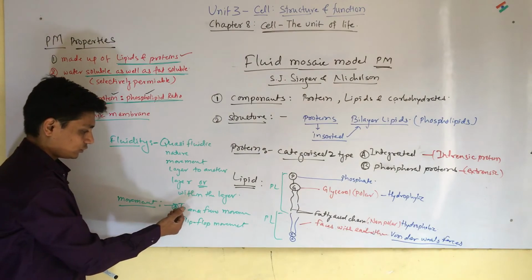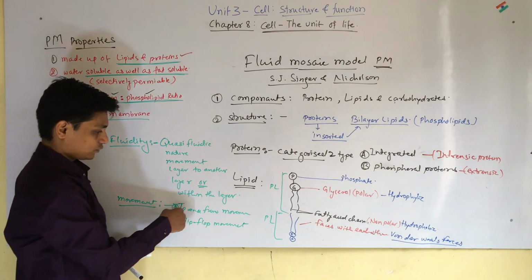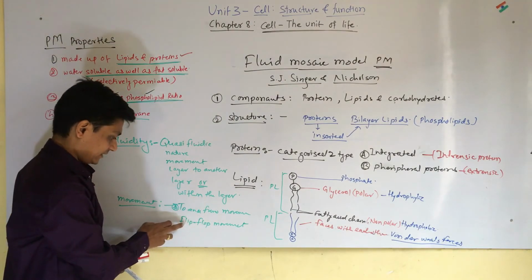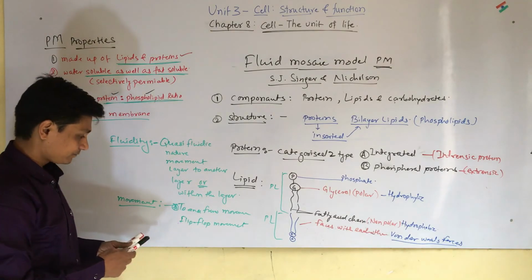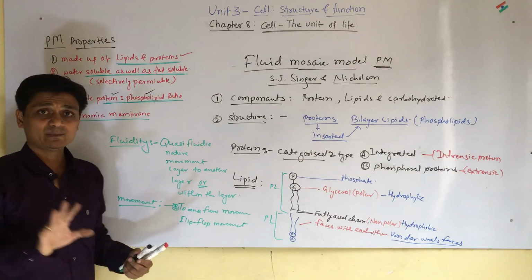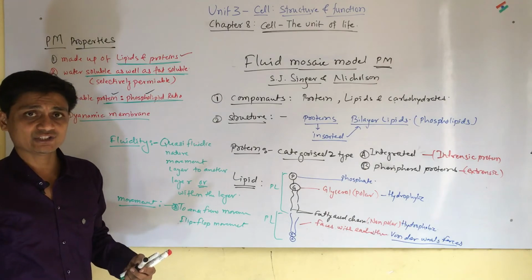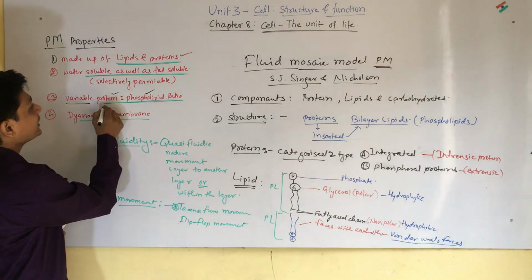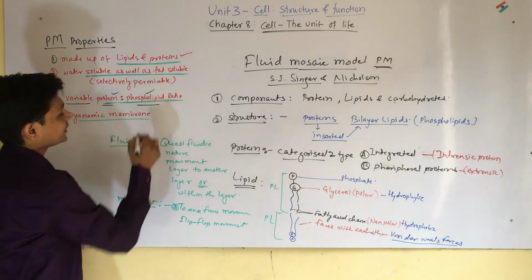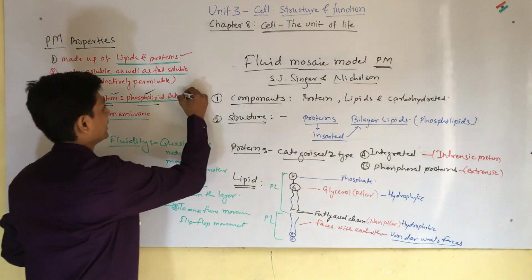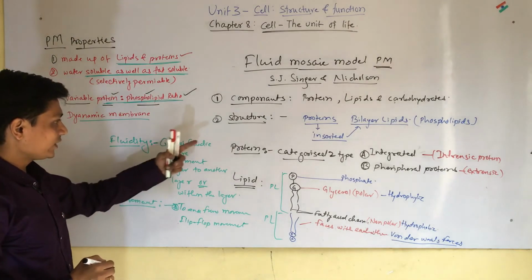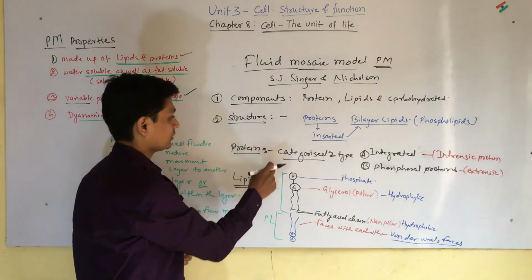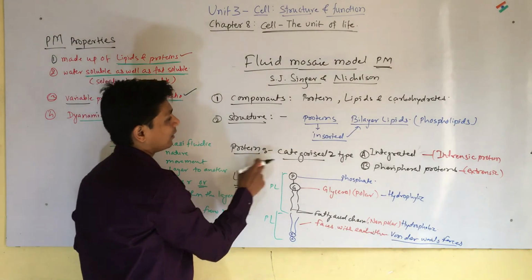So they show two types of movements, to and fro movement and the flip-flop movement. So there may be some position changes, meaning there can be variability in the protein to phospholipid ratio.